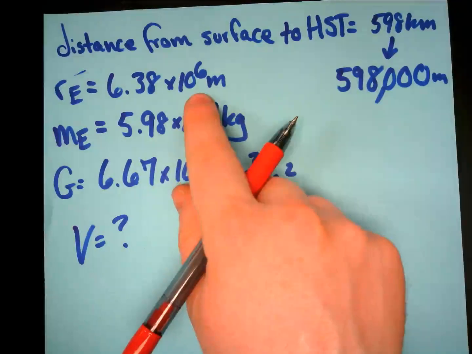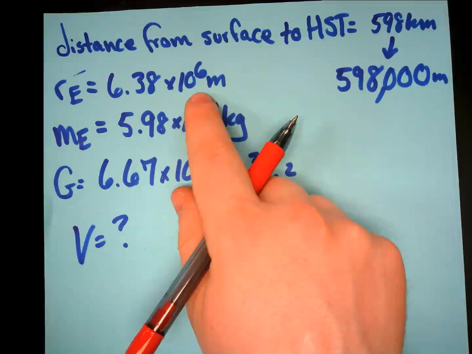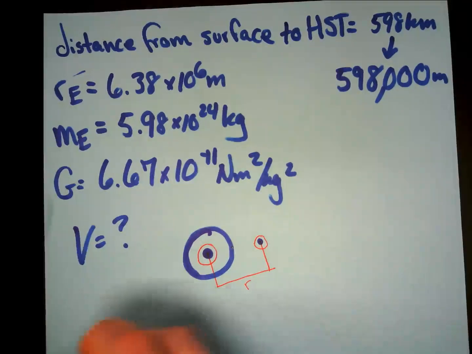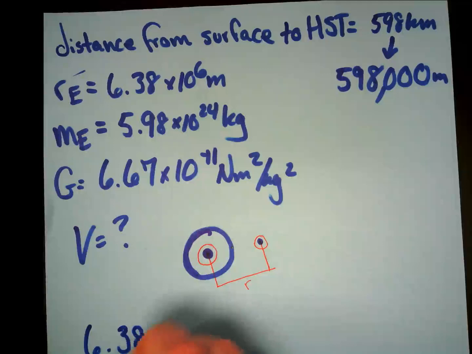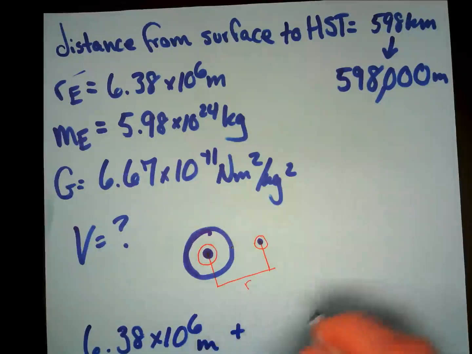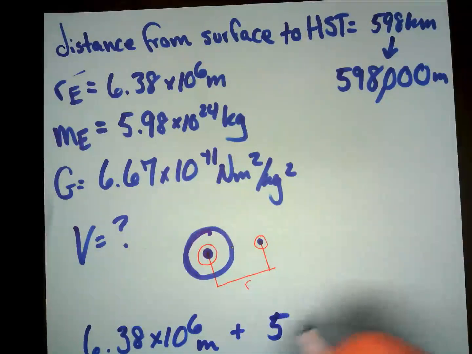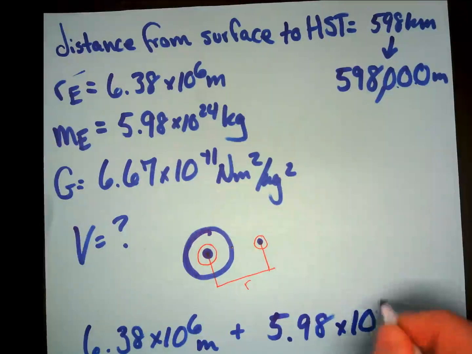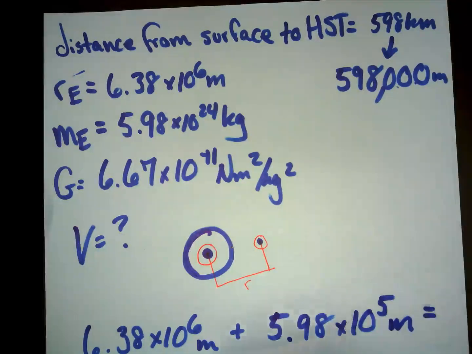So really it's going to be this 598,000 meters plus this 6.38 times 10 to the 6th power meters. So let's quickly add those up. It's 6.38 times 10 to the 6th meters plus 5.98 times 10 to the 5th meters.